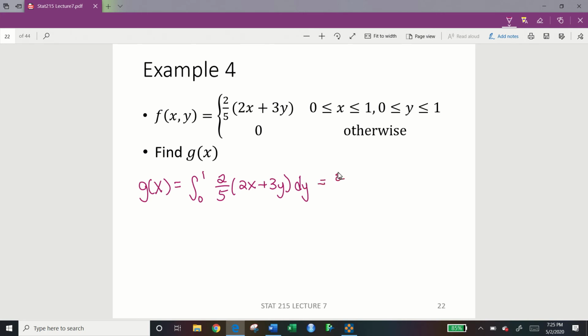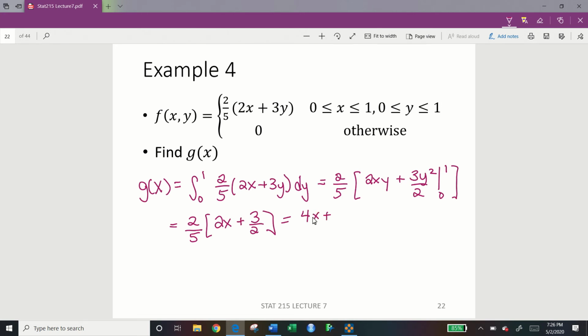This will equal 2/5 times the quantity 2xy plus 3y squared over 2 from 0 to 1. This will equal 2/5 multiplied by the quantity 2x plus 3/2, which we can simplify to be 4x plus 3 all over 5.